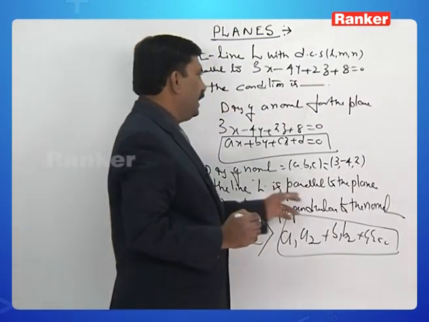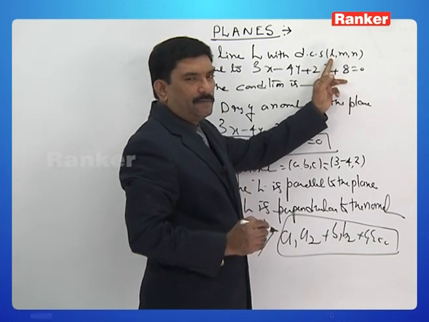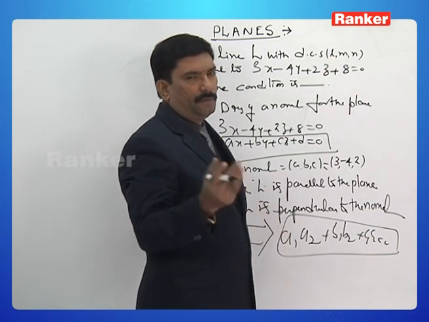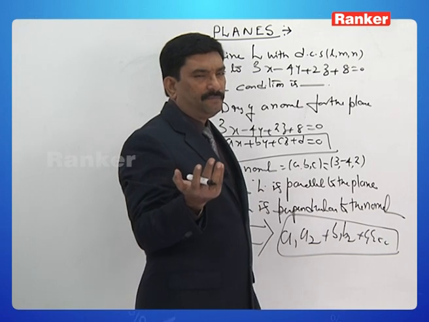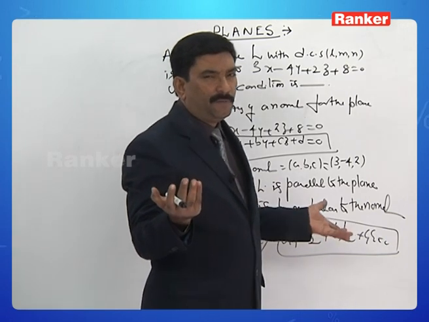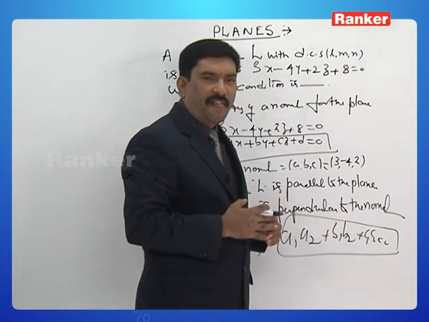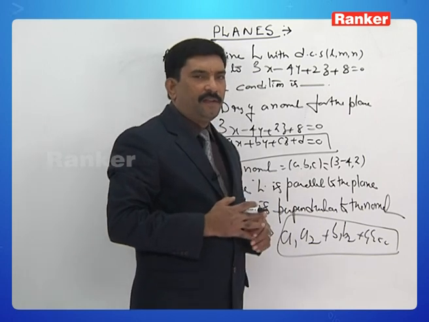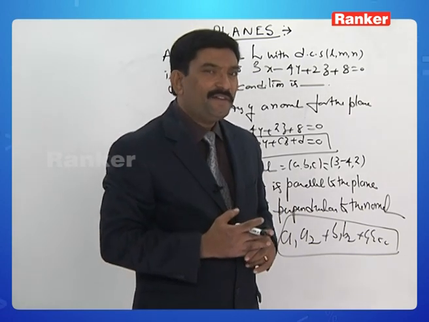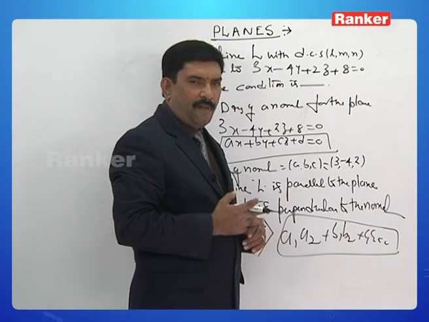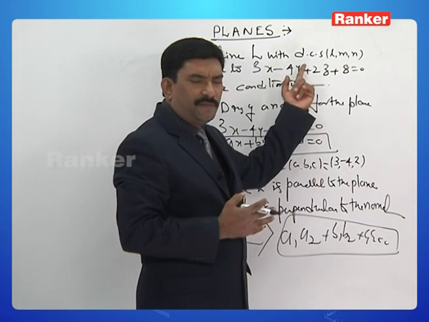Yes, now the line has these DCs. The DCs of a line are nothing but DRs of a line. DRs cannot be DCs, but DCs can be DRs. Therefore, these are also DRs, these are the common DCs.